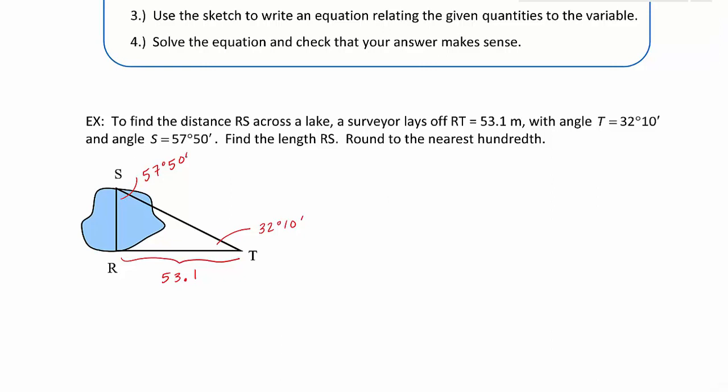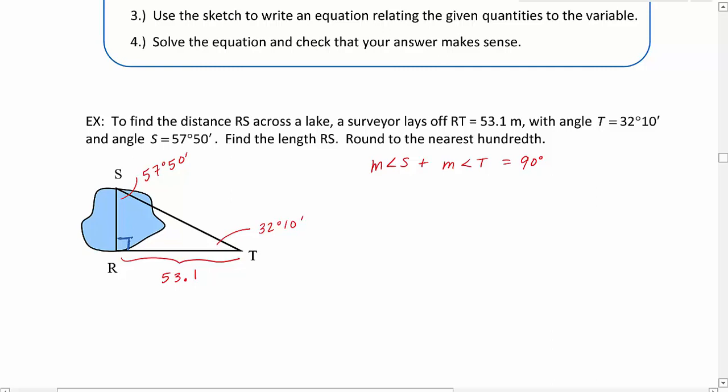So how can we do that? Well, if angles S and T add up to be 90, it's going to force angle R to be 90. So you'll notice that the measure of angle S plus the measure of angle T does indeed equal 90 degrees, so we can conclude that angle R is a right angle.